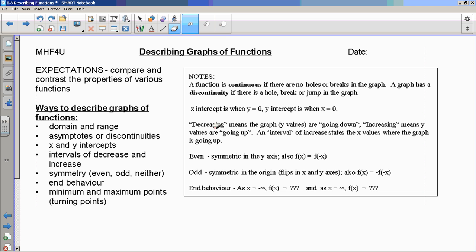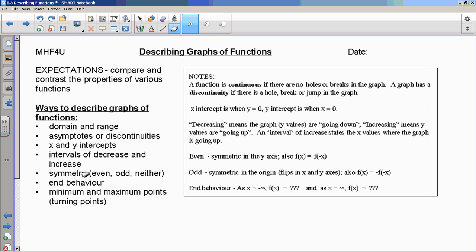We'll make these definitions a little bit clearer if and when you take calculus. But for now, going up and going down is good enough for us. An interval of increase states the x values where the graph is going up. So we're not interested in what the y values are. We're interested in the x values where the graph is increasing or decreasing.